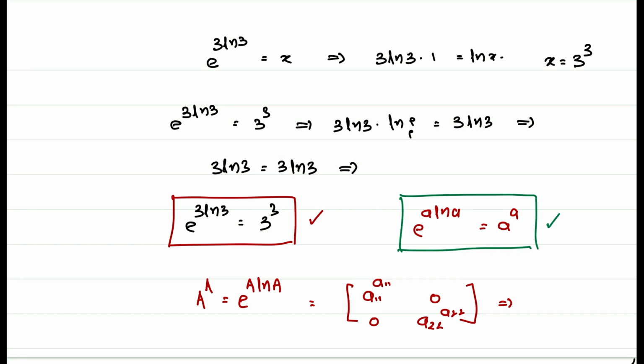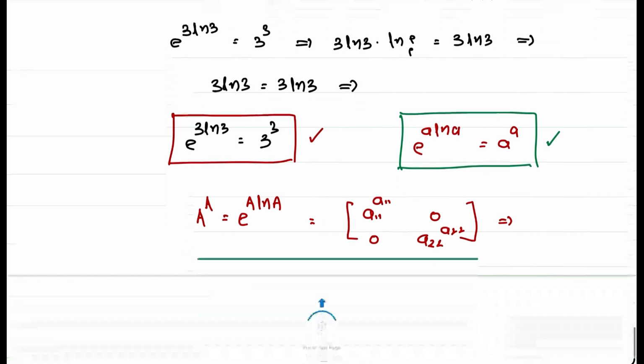Just see how easily, by shortcut, you can get the answer, but I wanted to explain the concept behind it so that you will understand.